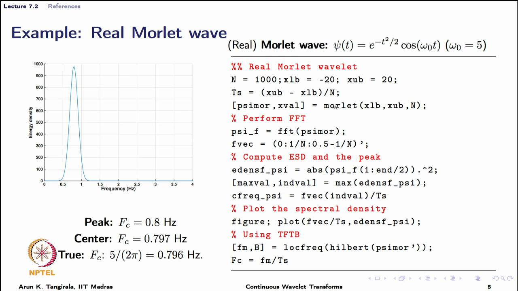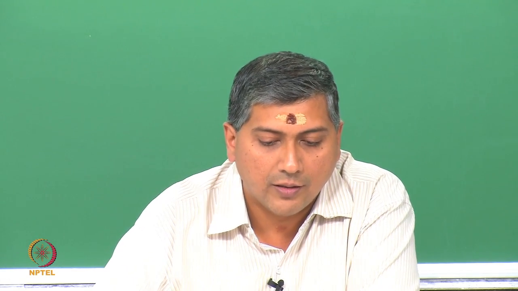So, the Morlet routine returns the values of the Morlet wave and the time points at which it has been computed. So, psi mor is not really a continuous time Morlet wave, it is a discrete time Morlet wave. Therefore, whether you are computing the center frequency or the peak frequency, you have to convert the frequency from the discrete time to the continuous time, and that is what I do in both cases.